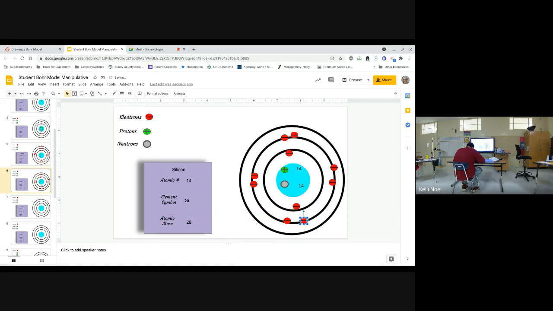That means I've used 10. There are 4 left. So that means I'm going to put 1 at the top, 1 on each side, and 1 at the bottom.